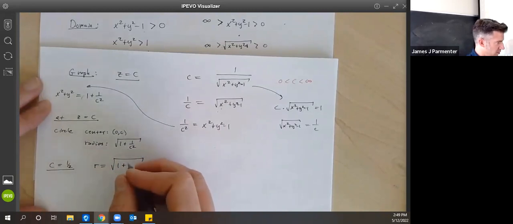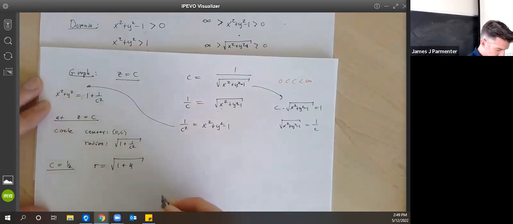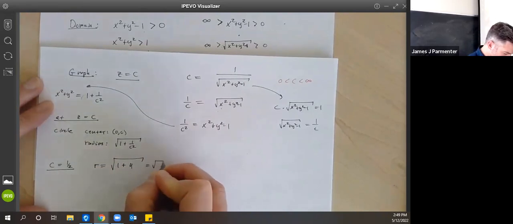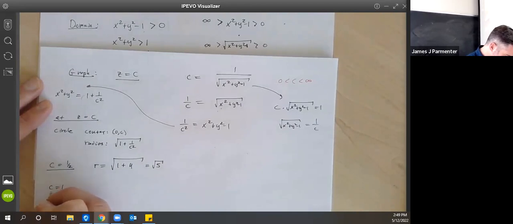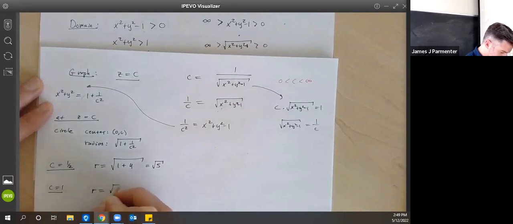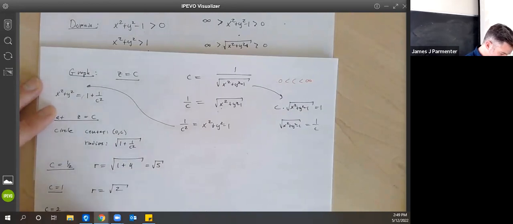So 1 over 1/4, which is 4. So my radius is the square root of 5. And if c equals 1, my radius is the square root of 1 plus 1. And if c equals 2, my radius is the square root of 1 plus 1/4, which equals the square root of 5/4.